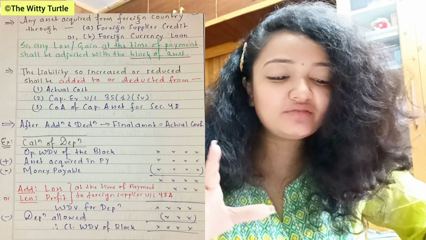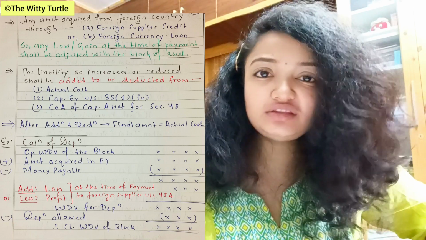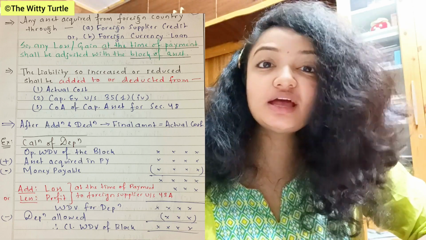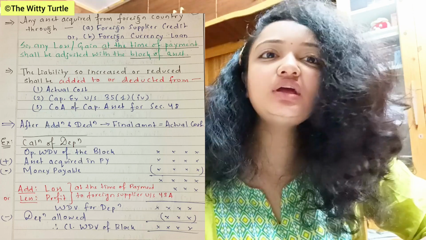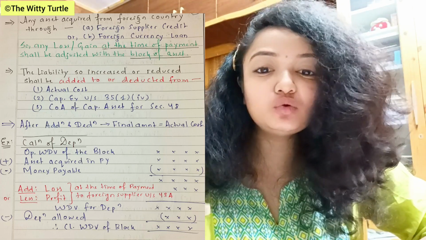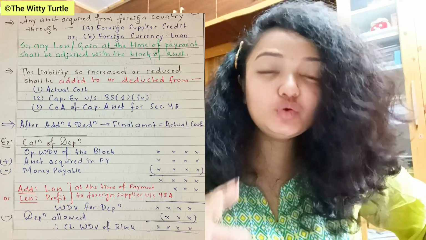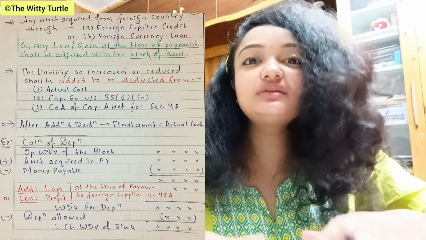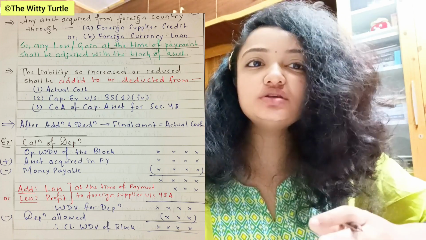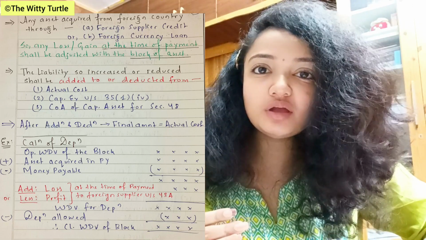So if you are having any loss at the time of payment to the foreign supplier under section 43A, then you have to add that loss. Why? Because the loss is again going out from your pocket, and you can also claim deduction for that loss, right? And if you have any profit, then you have to deduct that amount of profit. Why? Because it is a profit, it is coming into your pocket, right?